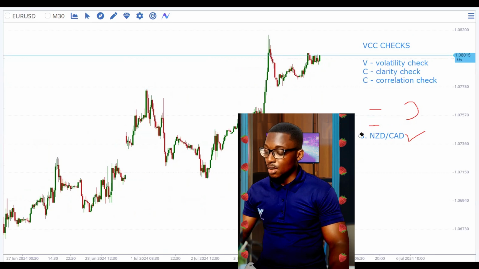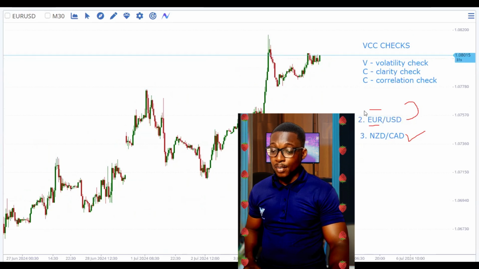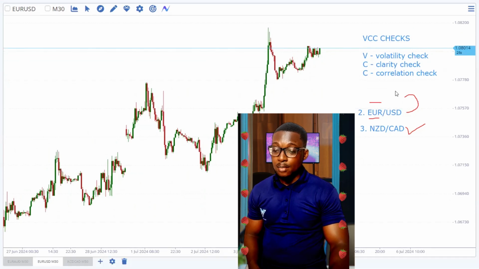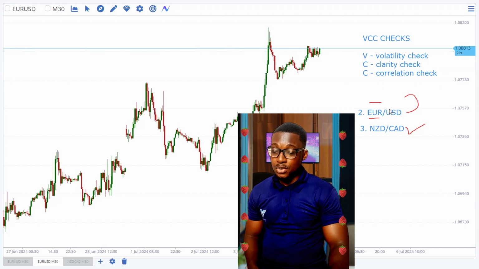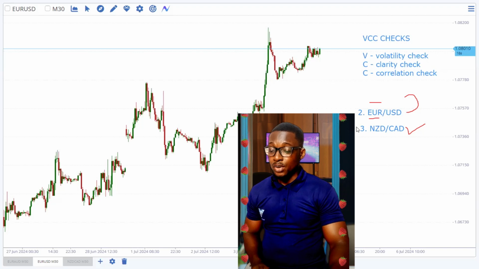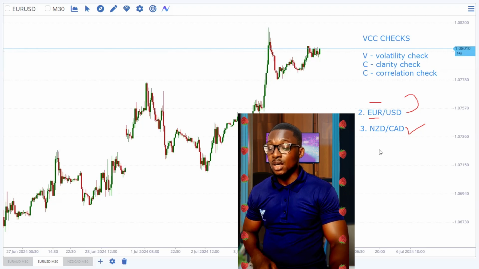So these become the 2 markets that I should be trading because they have passed my checks. The volatility check is passed, the clarity check is passed, the correlation check is passed. These 2 are not correlated. So I can trade these 2 and focus on these 2 to make every amount of profit I need to make in the market.